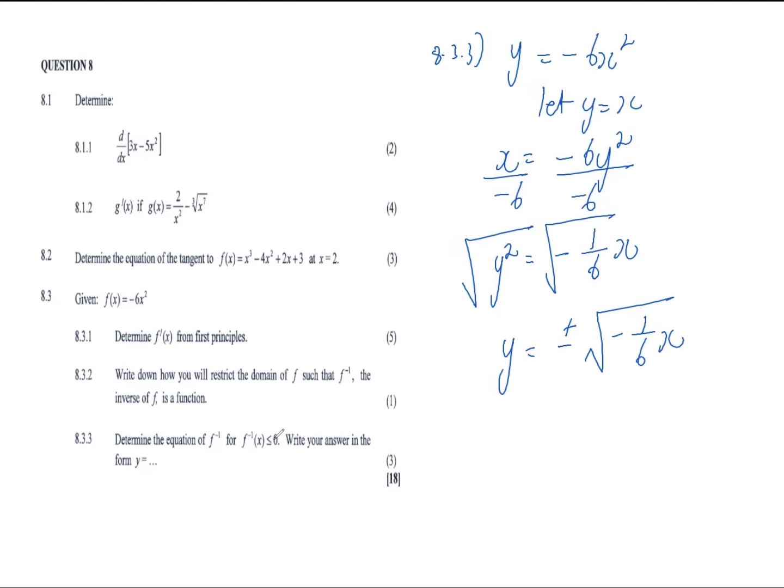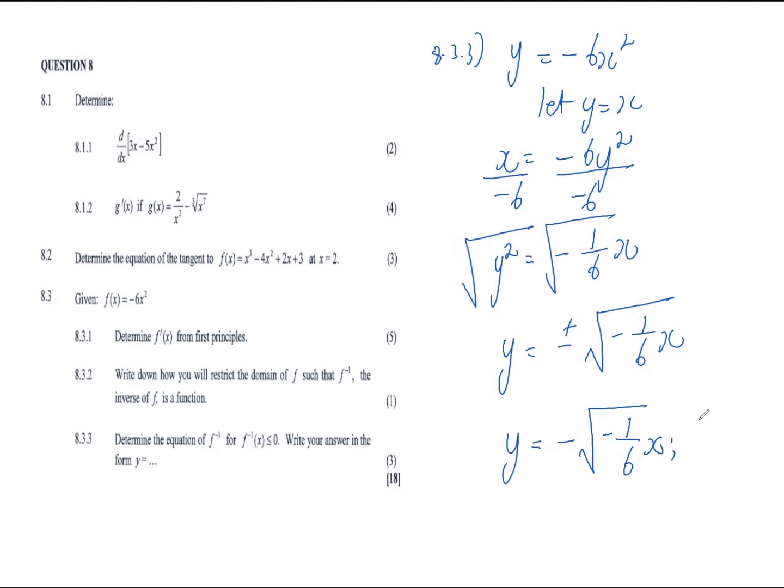But then remember here they said this must be less than or equal to 0, right? Less than or equal to 0, meaning it would have to end up being what? Negative. So that means I would go with y is equals to negative root of negative 1 over 6x.